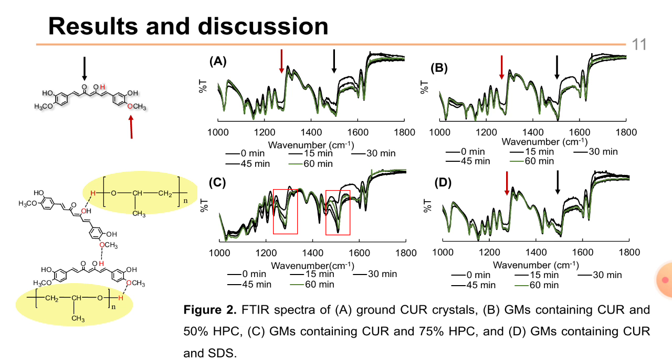Figure C: 2 new peaks were observed and became more intensive when the grinding time increased. This suggests that the drug was well dispersed in the HPC and only the hydrogen bond between curcumin and HPC was formed. The presence of SDS did not influence the FTIR spectra of these GMs in Figure D because of its small amount.